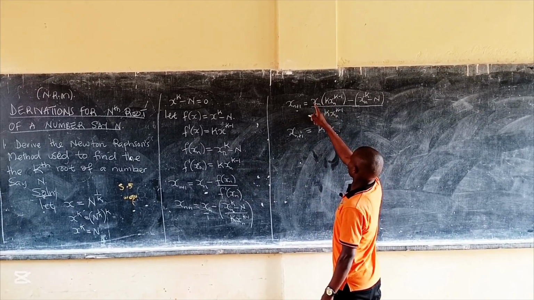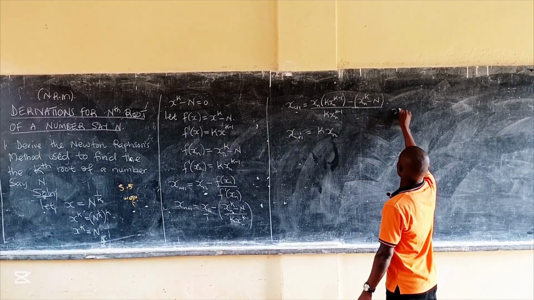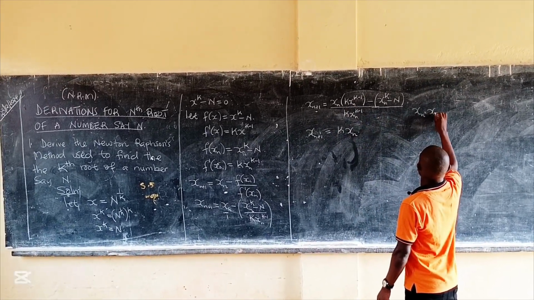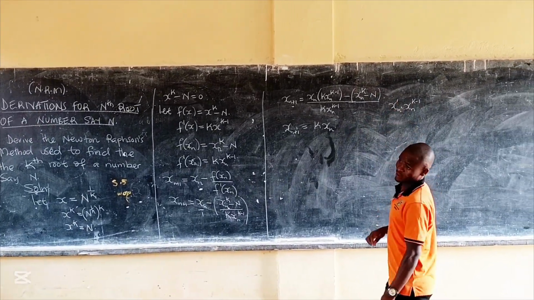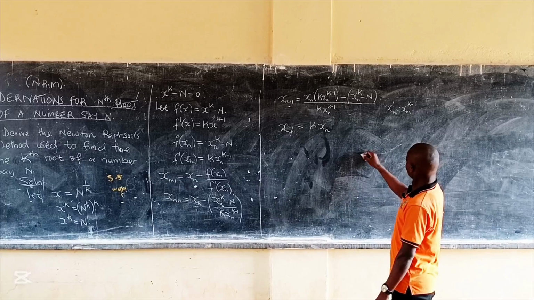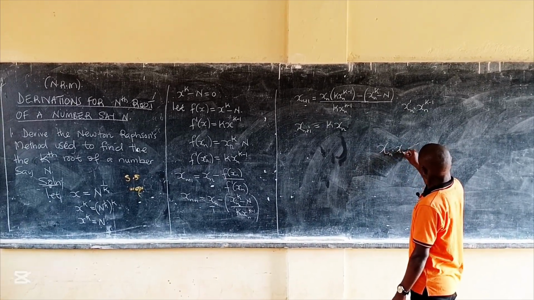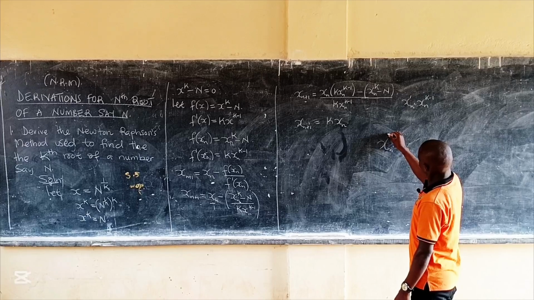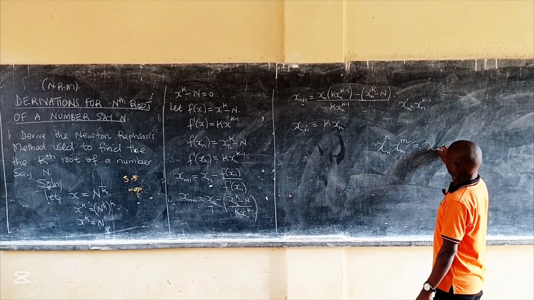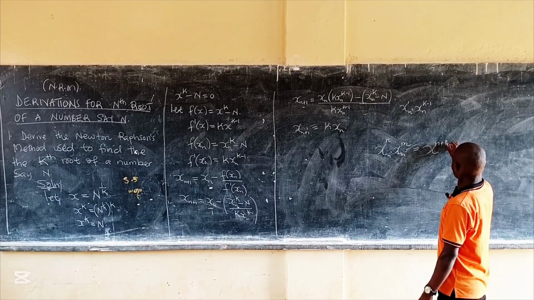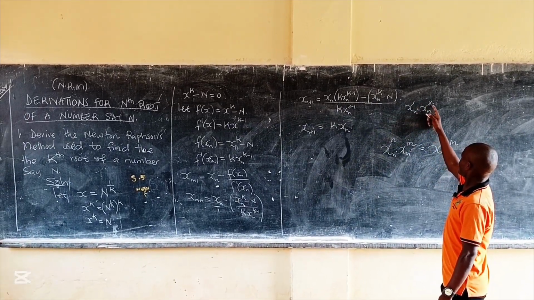Now here we have xn, here we have xn. So when I'm multiplying those two functions, xn times xn to power k minus 1, this xn has power 1. By laws of indices, if I have, say, x to power n times x to power m, this is the same as x to power n plus m. We add the powers. So here we have 1, here we have k minus 1.